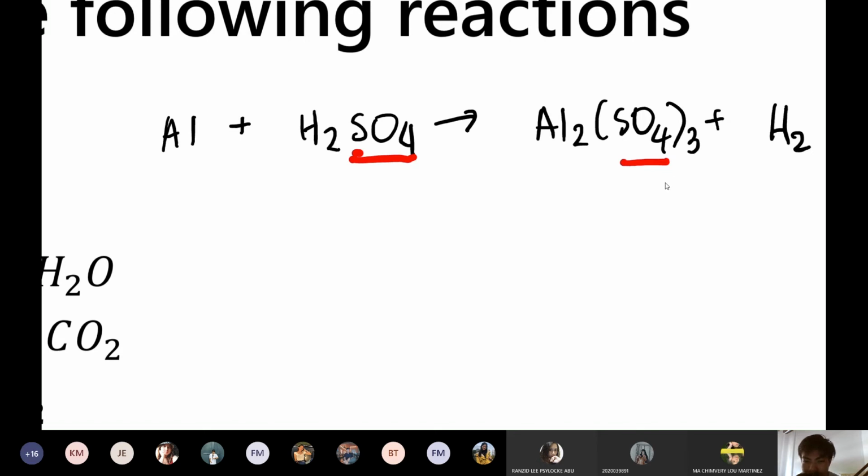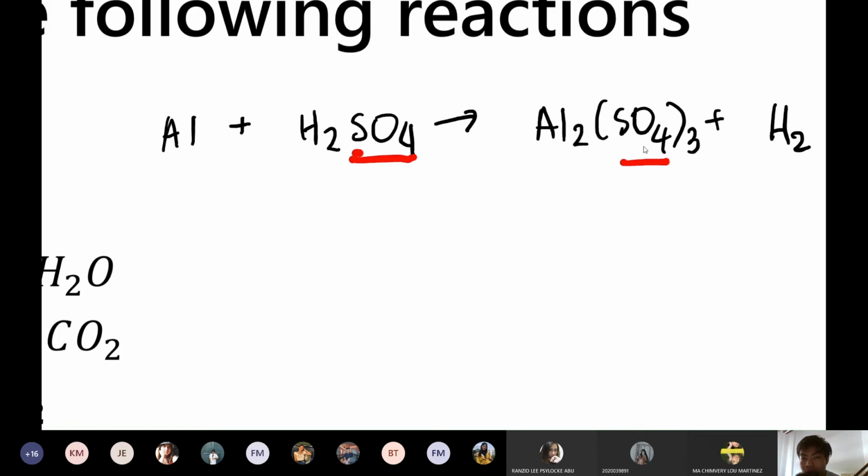So, checking on this, I only have 1 sulfate in here. May isa akong SO4 dito sa reactant side. But I have 3 SO4s on the product side. Paano natin nalaman na 3? Itong subscript, may 3 kasi. So, ibig sabihin, 3 yung nasa loob ng parenthesis. 3 sulfate yung meron tayo. So, since I only have 1 SO4 here and 3 SO4 here, ibabalance ko muna sila.